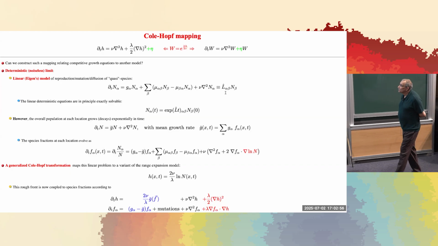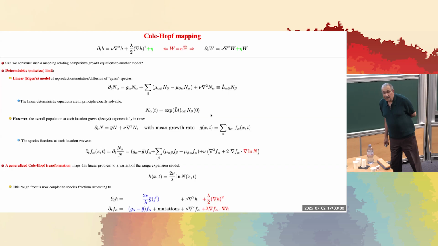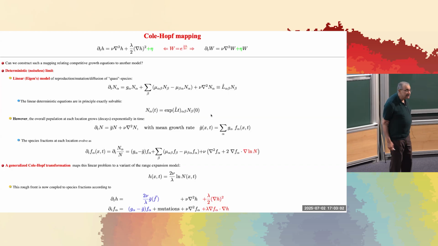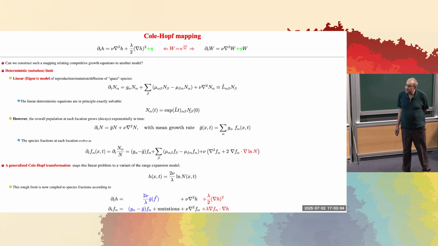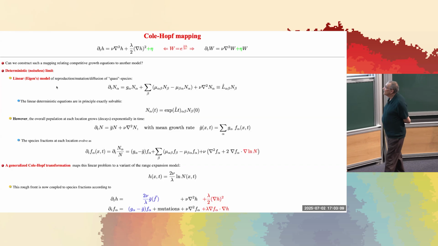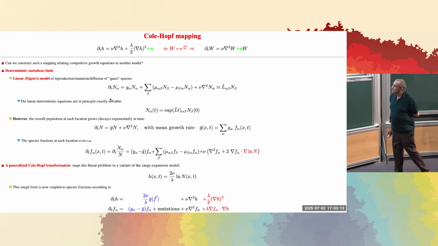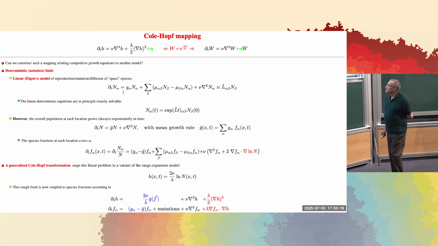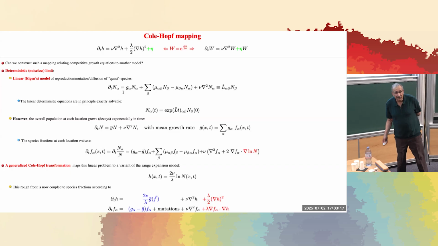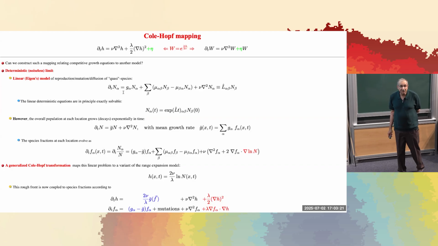Okay, so for that, surprisingly, there is a connection to another type of model that is used in biological systems. It's called the Eigen model. The Eigen model imagines that you have species that are indexed by alpha. It could be just 2, it could be more than 2 species.